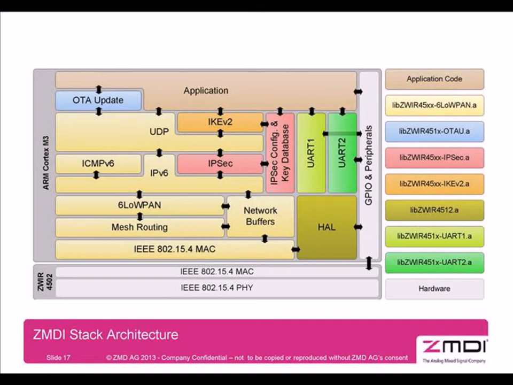Both the C library, the network stack, and your application are running on our module, so you don't need an external microcontroller. It also has a small event-based operating system. As I described before, the 6LoWPAN IPv6 network stack is included, as well as IPsec and IKEv2.